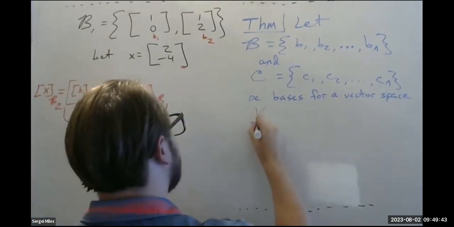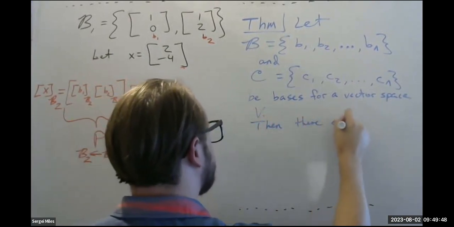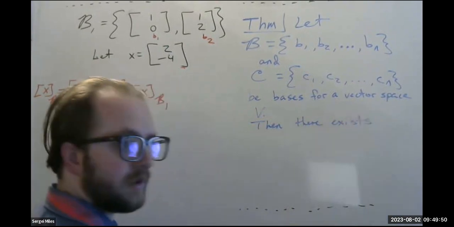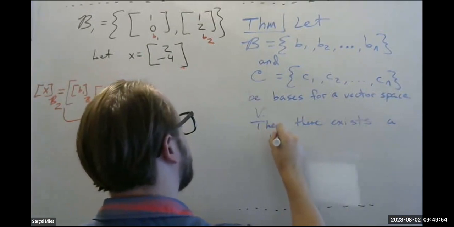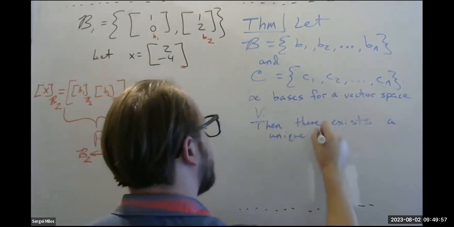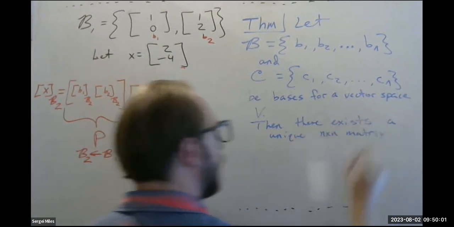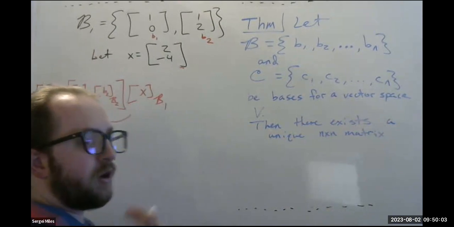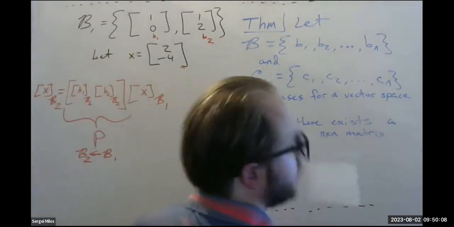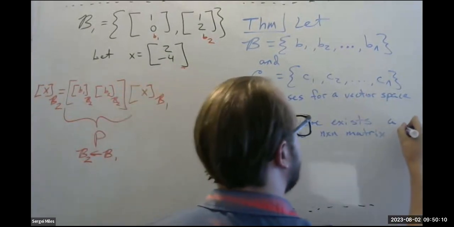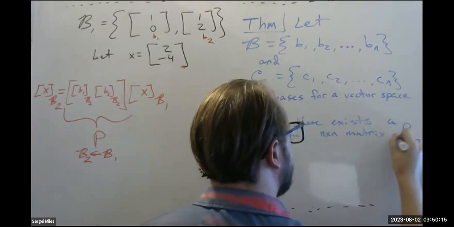Well, then there exists a unique n by n matrix. And notice this is square, which is nice. That means we can do all the square stuff we need with matrices, or at least with square matrices. And the invertible matrix theorem will apply. P from B to C.